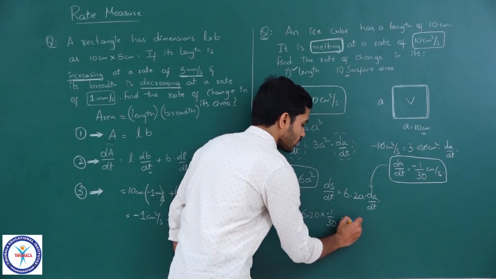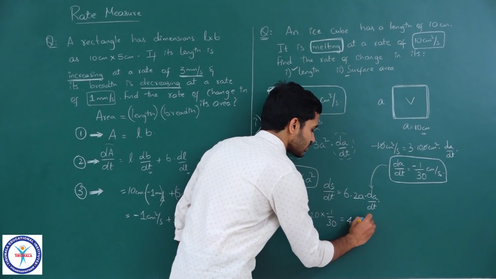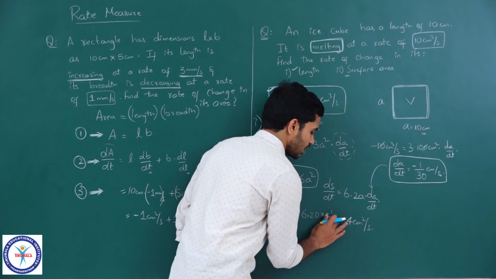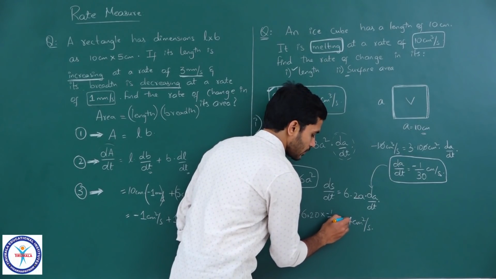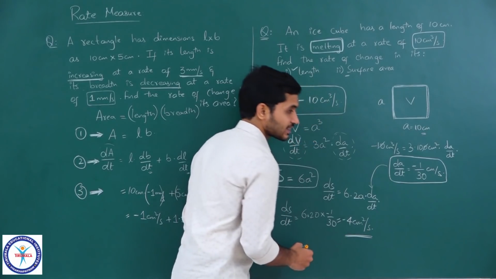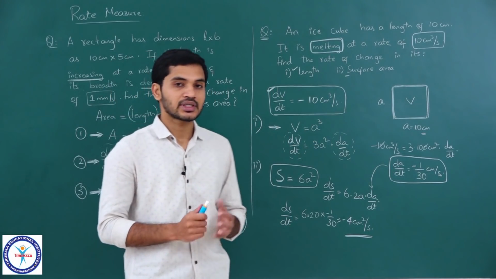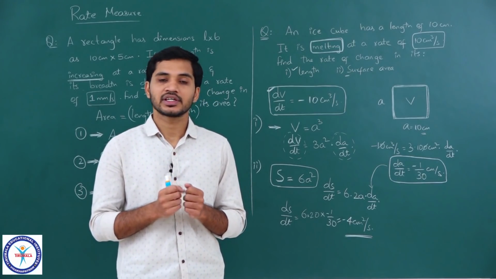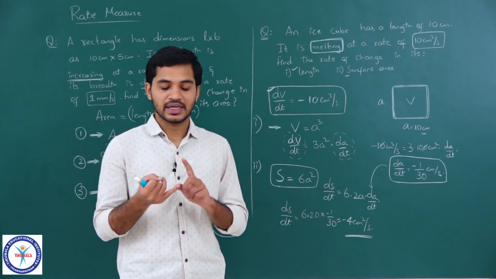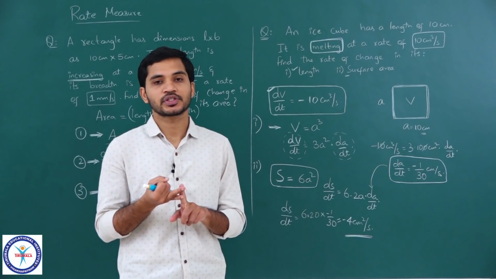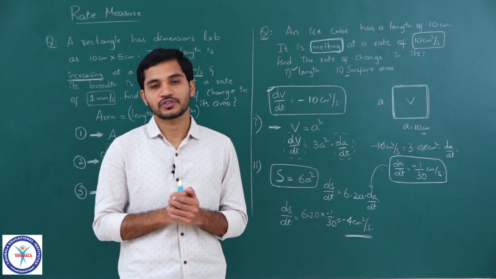So I will finally be left with 4 centimeter square per second, with a negative sign. And once again the negative sign represents that the surface area of the cube is decreasing. Clear, students? So that is the idea. So remember, there are very simple steps here. Write the relation, differentiate the expression, find the relation between the rates of change. Clear?